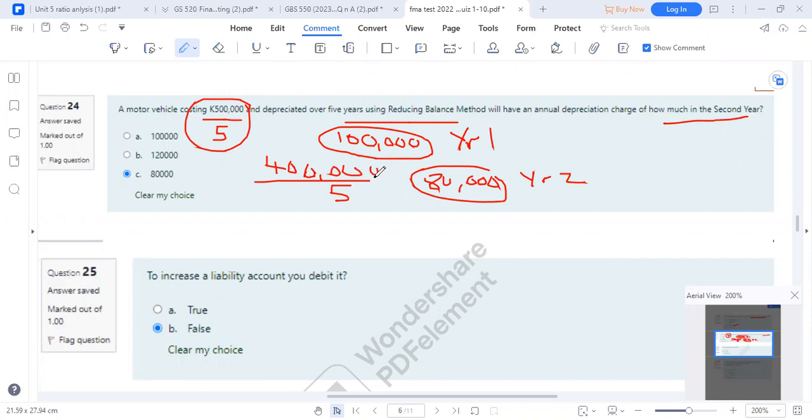So we are remaining with 400,000, and we divide it by 5 again. So in this case, last year we only missed one question. I think it should have been this very one. So A is supposed to be the answer.